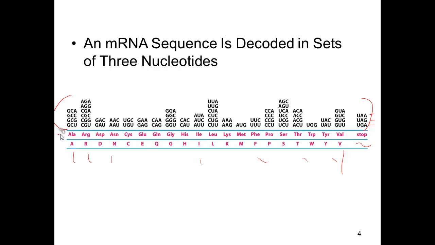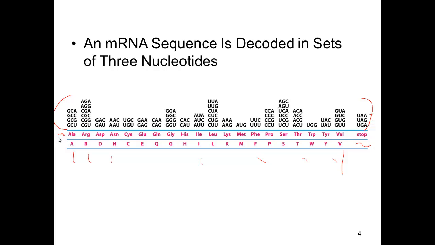We can also see here the 3-letter code for the various amino acids. Underneath we have the 1-letter code for amino acids. If you plan on going on in biological or biomedical research, you might as well learn the single-letter codes, but you're not required to for this class.